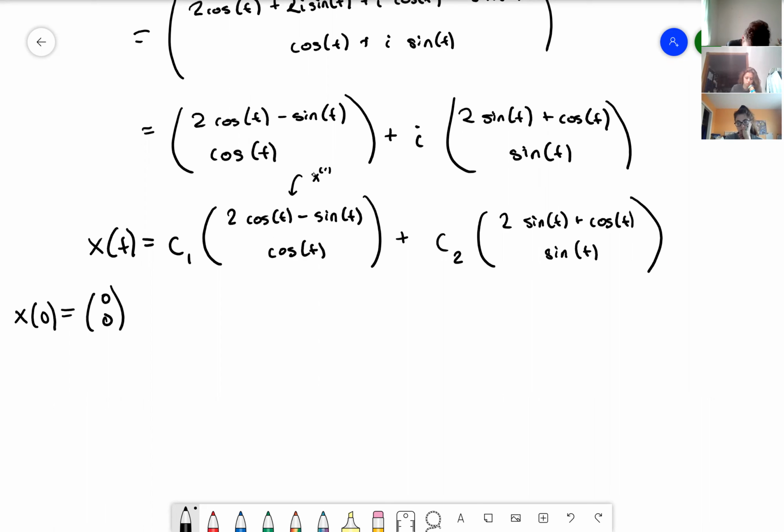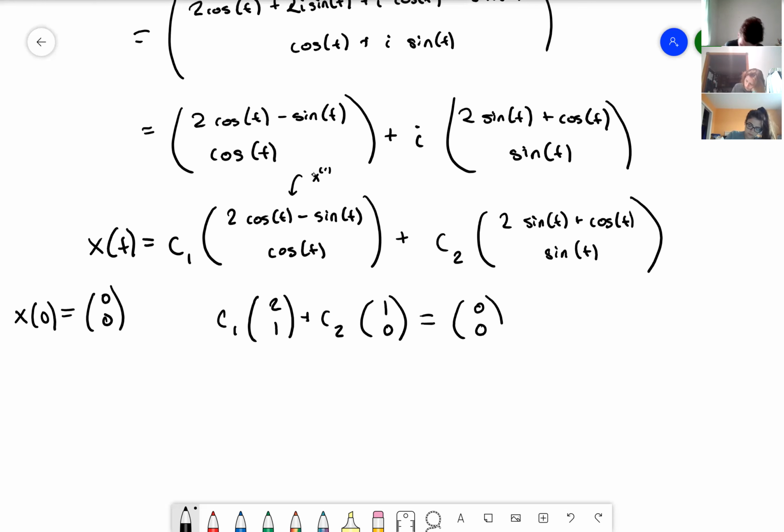So what happens? We get C1 times (2, 1) plus C2 times (1, 0) equals (0, 0). Maybe this is a good point for me to inject another definition. We have a linear combination of two vectors here equal to 0.